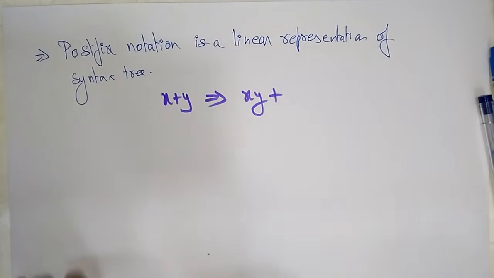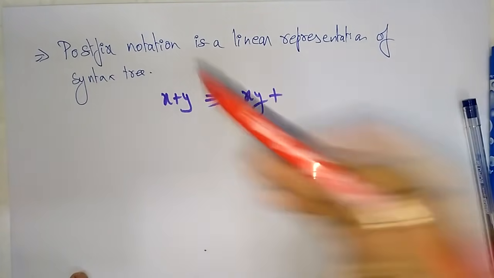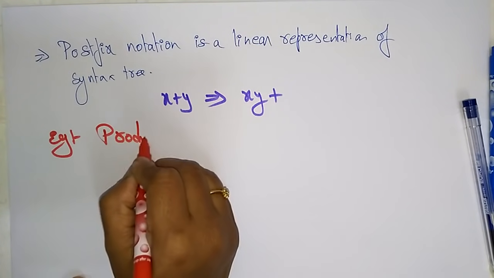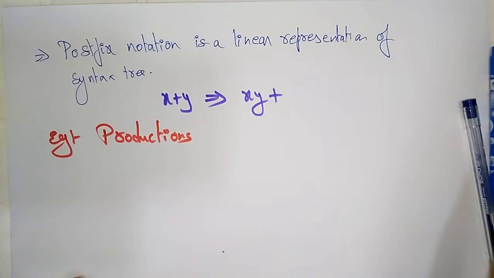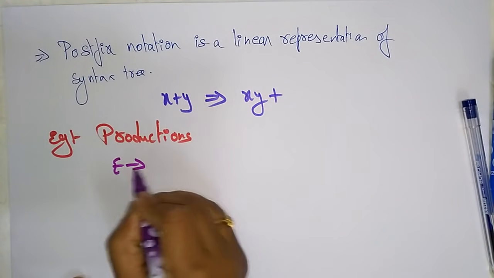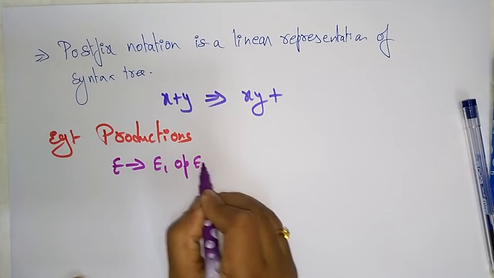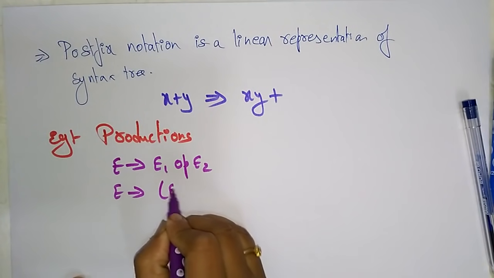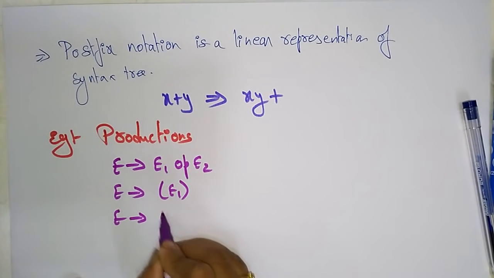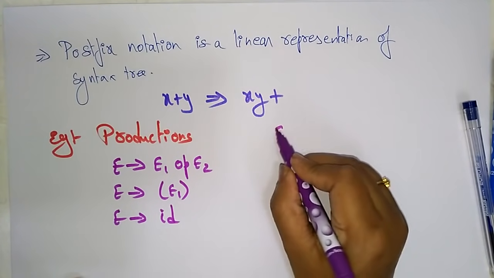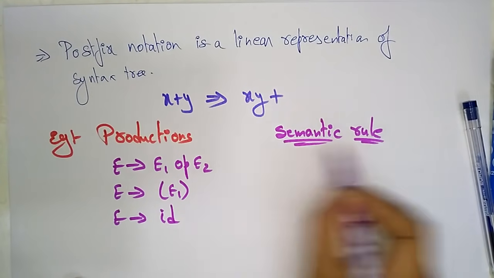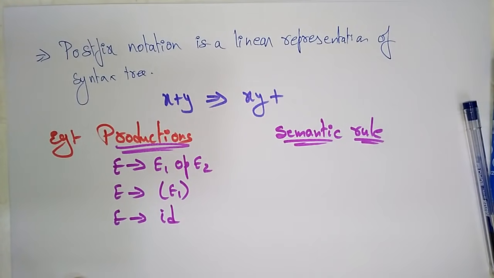So let's take it in terms of productions. Let's take the example for the postfix notation. The productions are E derives E1 operator E2. Operator may be anything: plus, minus, divide, whatever it may be. E derives E1, and E derives ID. So this is the production. Then what is the semantic rule for this production? We are talking in terms of SDT, the Polish postfix notation in terms of SDT.